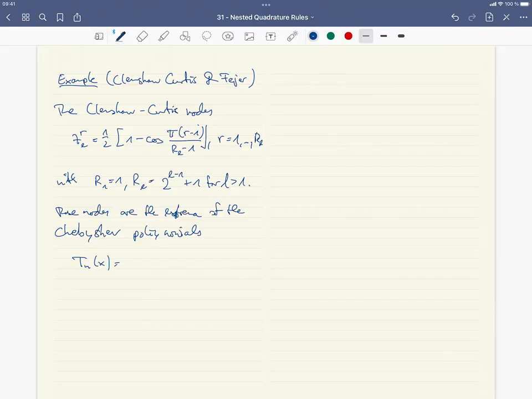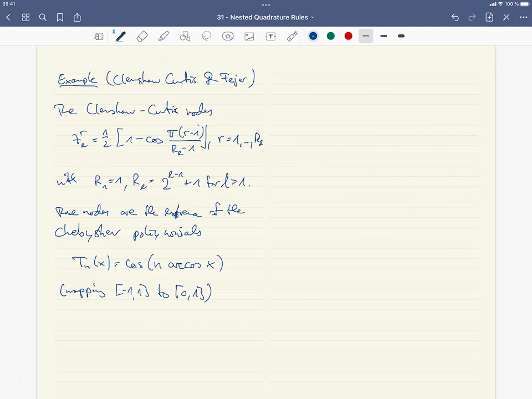T n of x looks strange, but these are actually polynomials that I can define, and they map minus 1, 1 to minus 1, 1. The Clenshaw-Curtis nodes by definition are defined on the interval minus 1, 1. And we will investigate the Clenshaw-Curtis rule later.